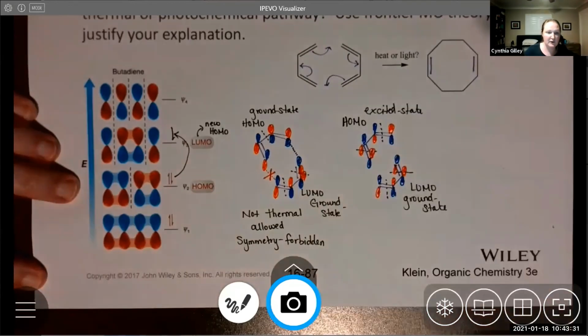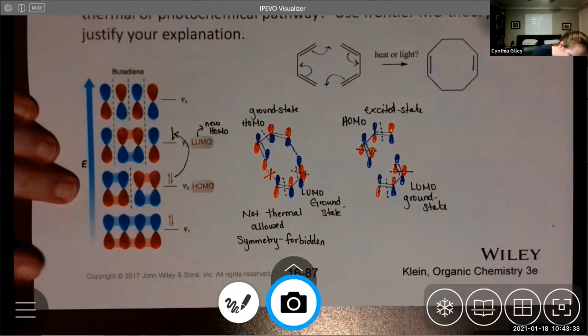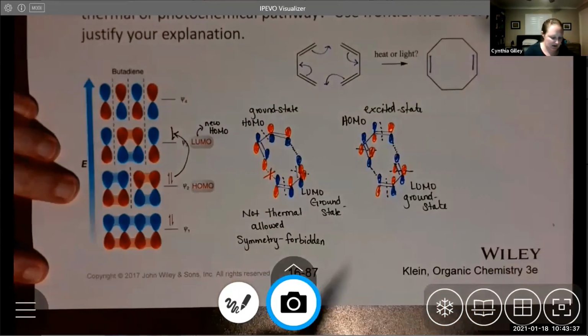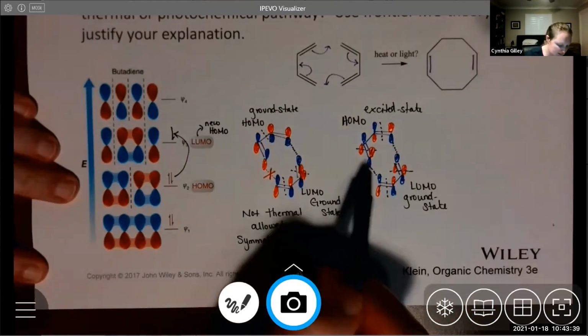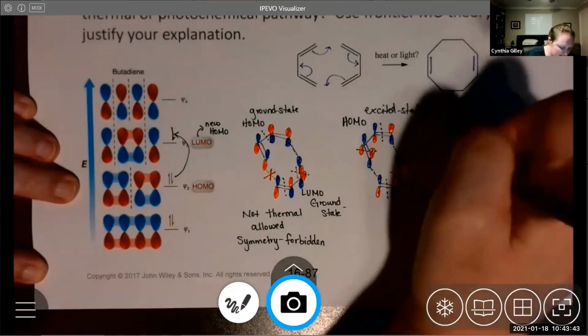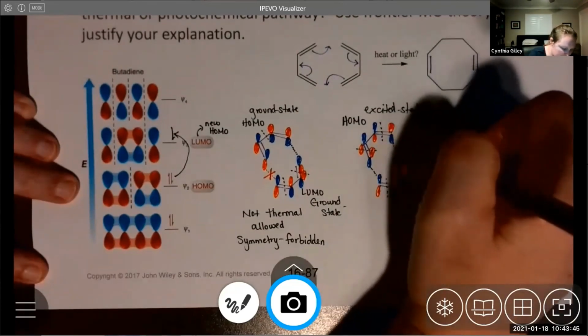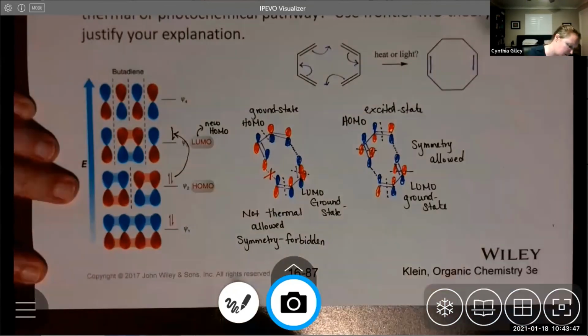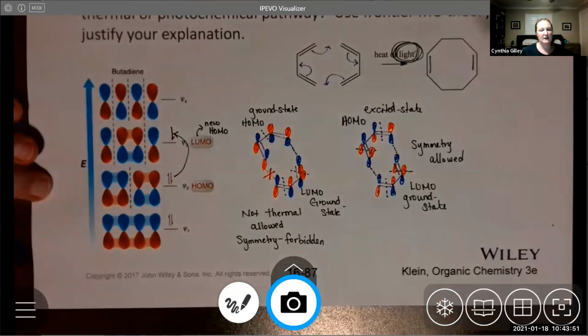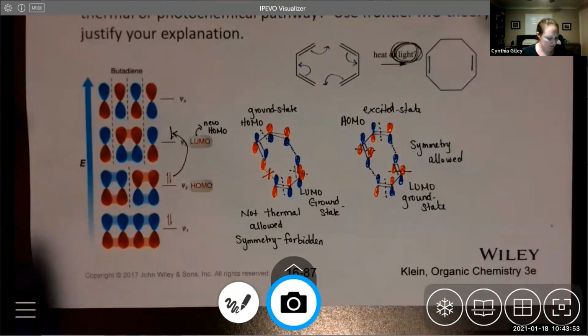Now when I check for alignment, what I can see is that they both have constructive interference. So this is a symmetry allowed process. This reaction is possible, but only if you have the right light source to promote an electron from the HOMO to the LUMO to get an excited state molecule.